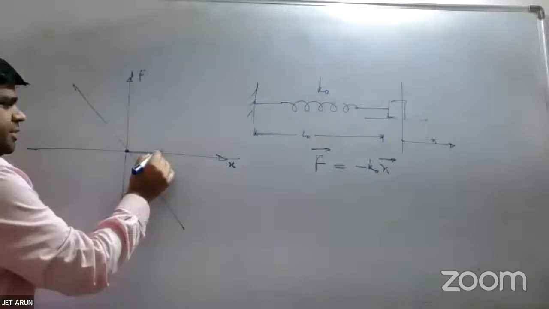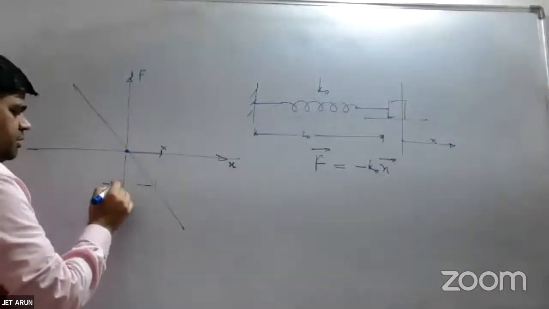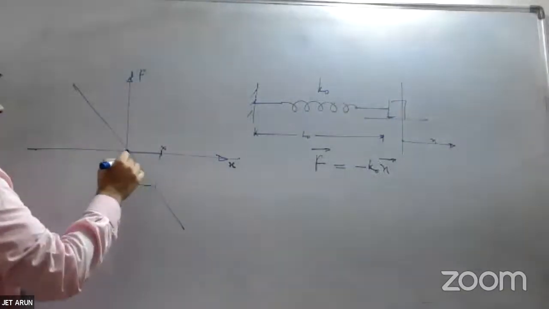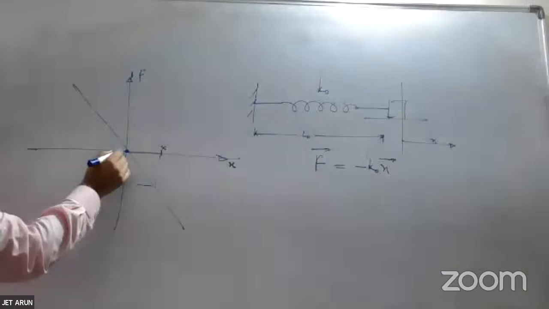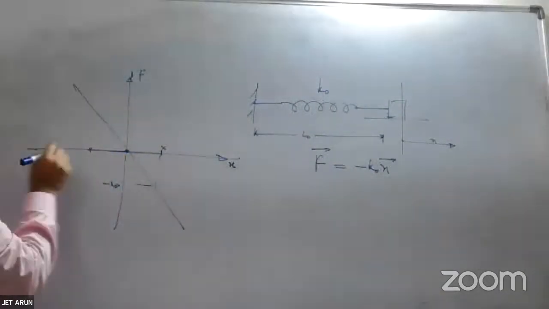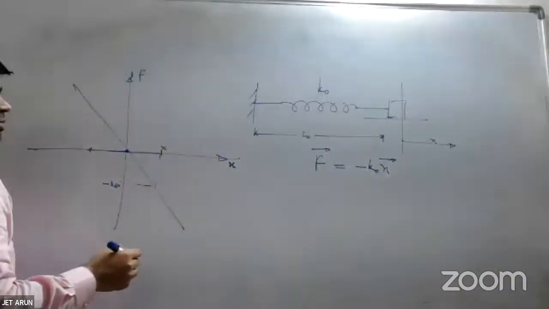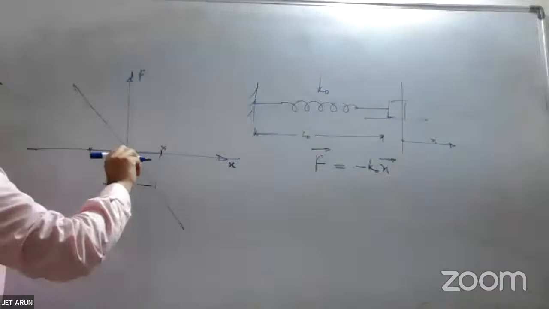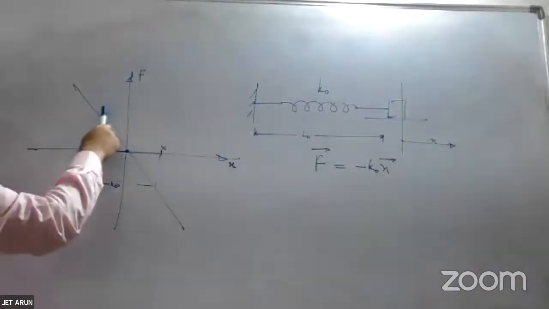If the extension is x, spring force is -kx. The slope of this line is -k naught. If there is a compression, that means my displacement is negative. This is compression, this is elongation. If this is elongation, spring force is towards left. If there is a compression, spring force is towards right.